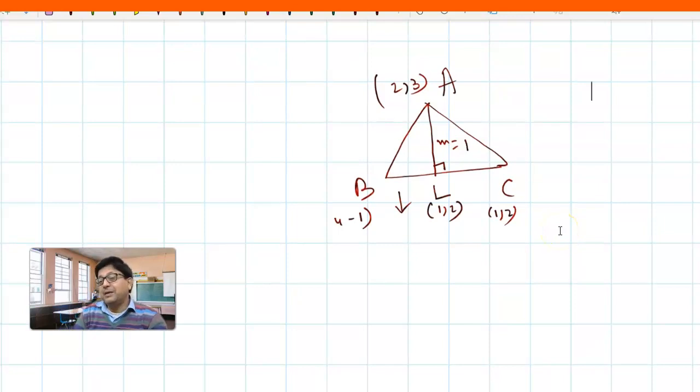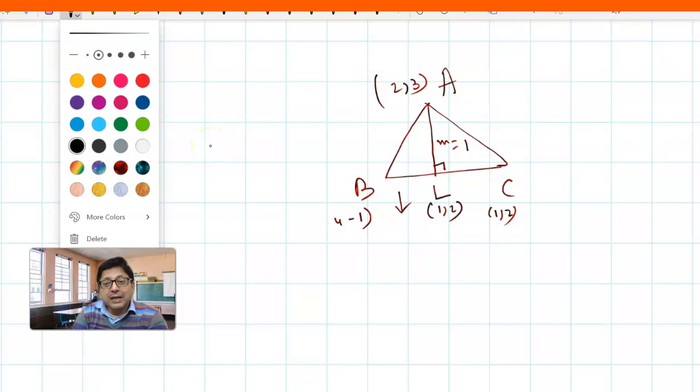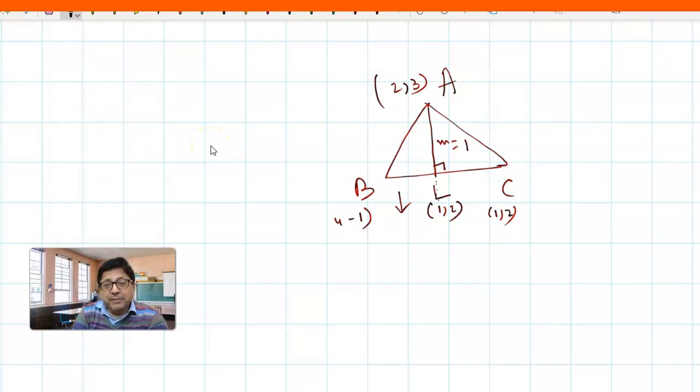I am keeping the sum unchanged. That point L I found. To find the image of the point A, we will use the concept of a little bit of reflection which you did in junior class science. So A dash is the reflection. This length AL must be equal to L A dash.